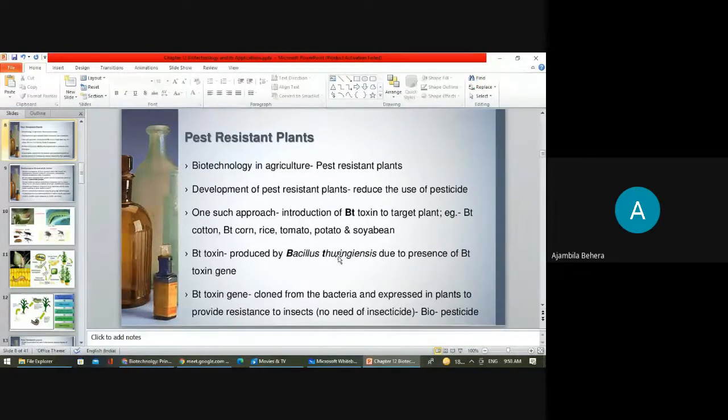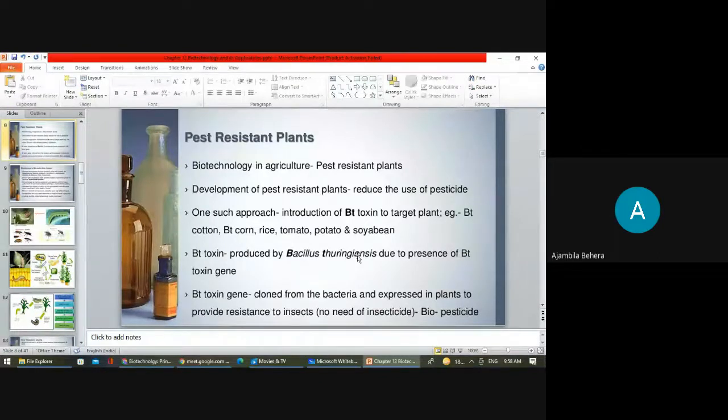It has that particular gene. We isolate the gene from this Bacillus thuringiensis, we make the rDNA, then that rDNA through genetic technique, maybe through gene gun, maybe electroporation, maybe micro injection, we transfer to different crop plants, and we produce the pest resistant plant.